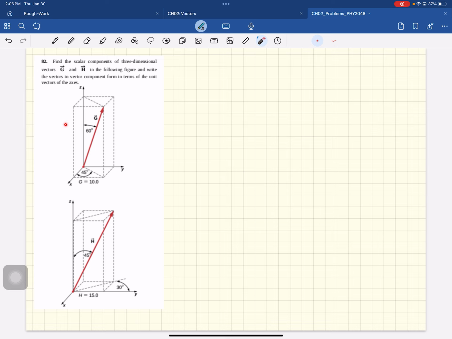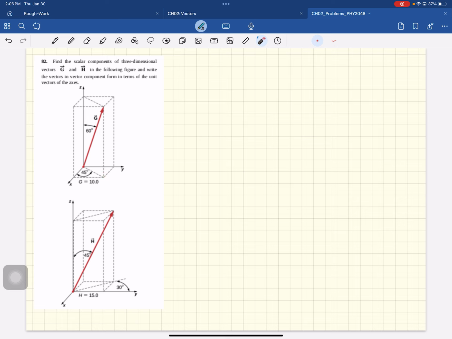Let's say I want to solve this. What kind of vector is this? Three-dimensional. So it has an x component, a y component, and a z component.